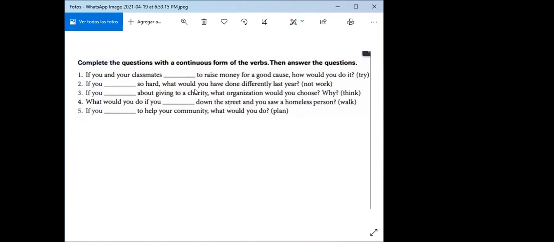If we're thinking about giving to charity, what organizations would you choose? That I can't answer. I don't know any organizations. I think I would donate clothes.